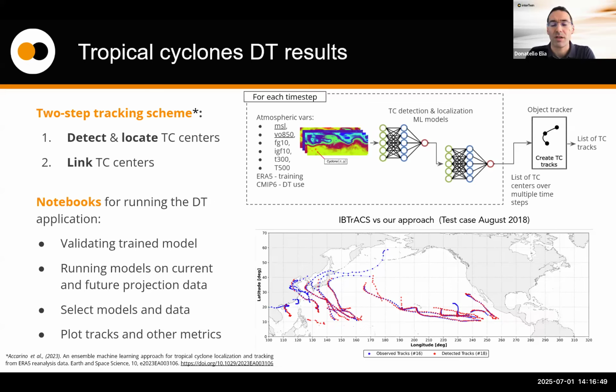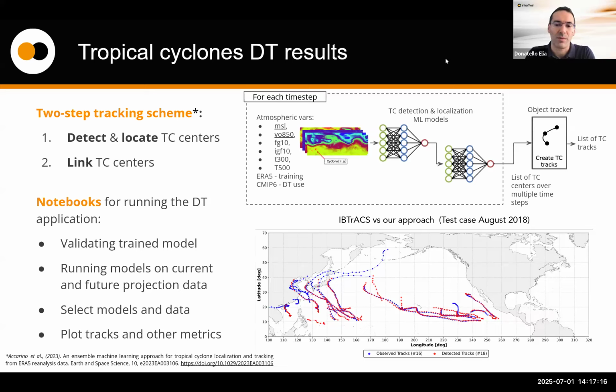And then after we have the list of different centers, these will be linked together through a specific tracker, which can be implemented according to a set of criteria, for example by linking tropical cyclone centers based on a certain distance.